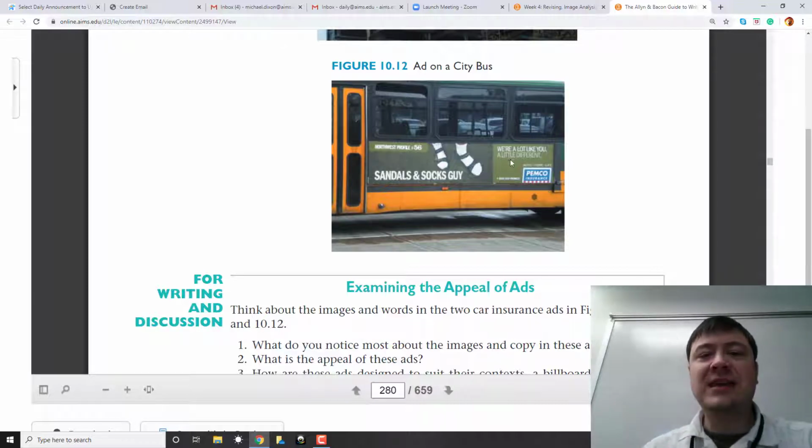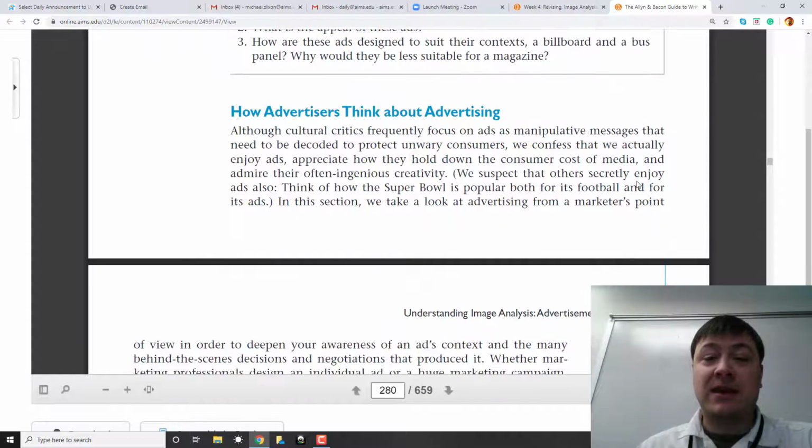Even if the bus was stopped and you were able to take this in, we're a lot like you, a little different. Insurance, socks and sandals, it still doesn't make a whole lot of sense, right? So somebody probably lost a job, if not multiple people, whoever was on this particular panel of employees that came up with this advertisement and decided to put it on a bus. That's just not very effective.